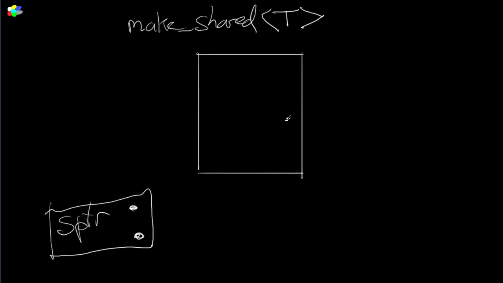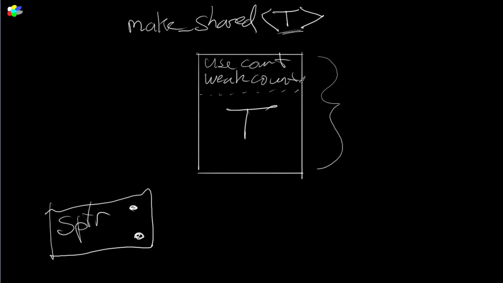Now the special case happens if you create your shared pointer with make shared. So with make shared, the function is going to allocate the object itself, the type, and is going to allocate the control block all at once. And because it's doing these two things, it can actually put them both together in the same memory allocation. So it has the use count and the weak count and the T all together in the same block.